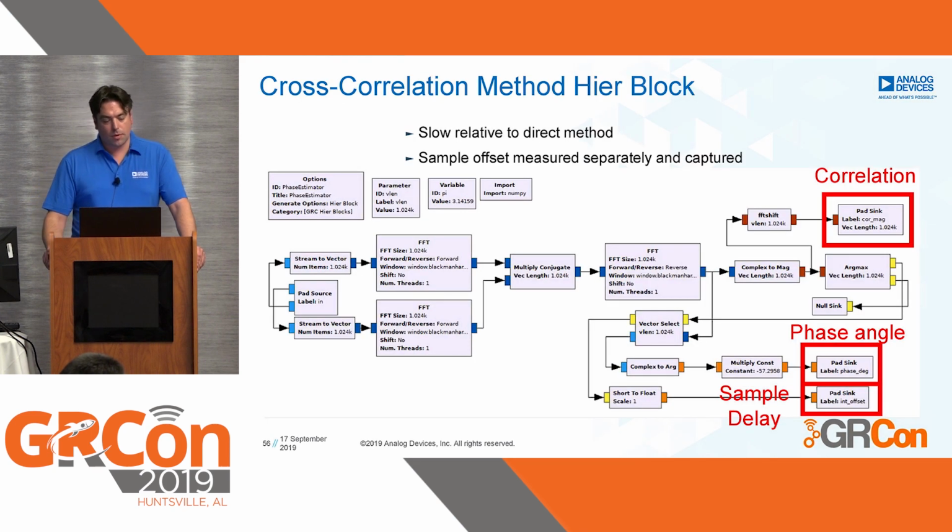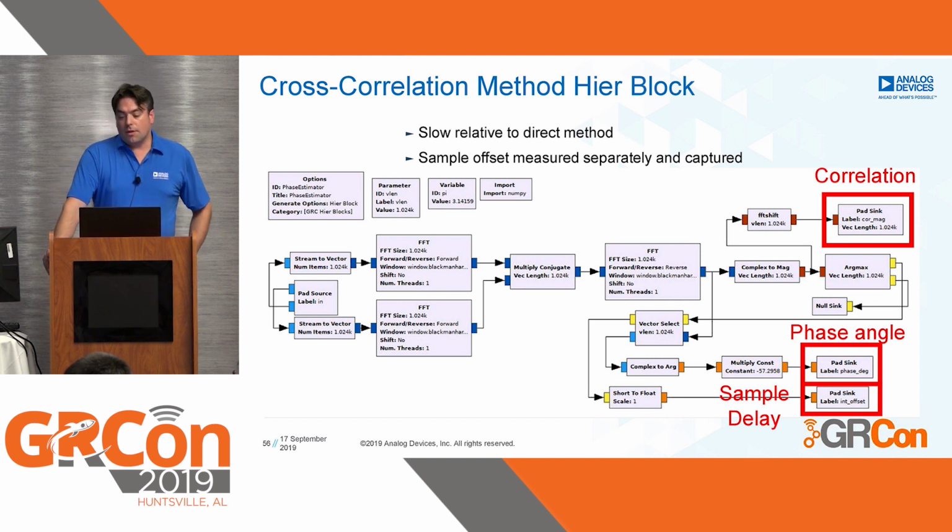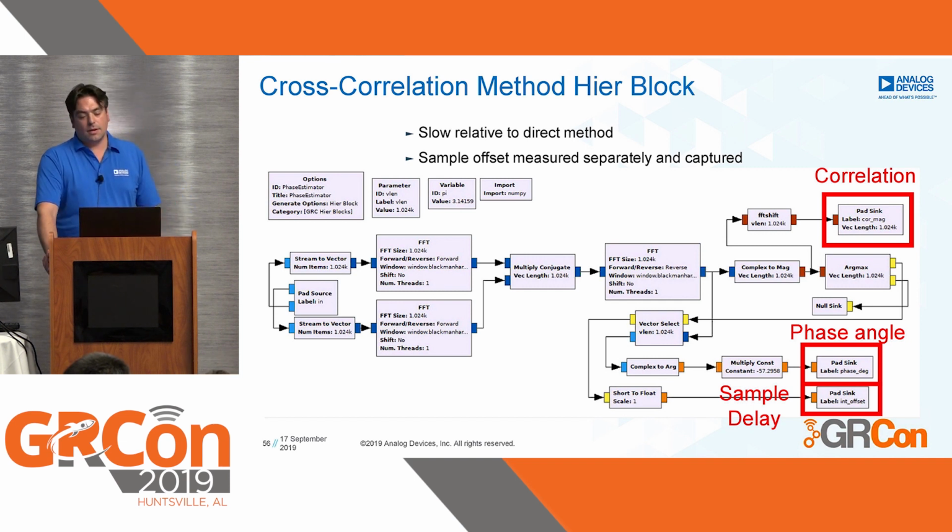The other hierarchical block is the cross-correlation method, and it basically uses forward FFTs, multiplies by the conjugate, does a reverse FFT, then we compute the magnitude spectrum, and then we take the bin with the highest power and select the complex value from it.